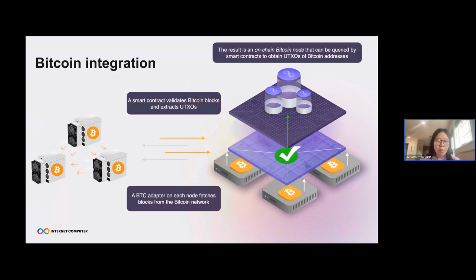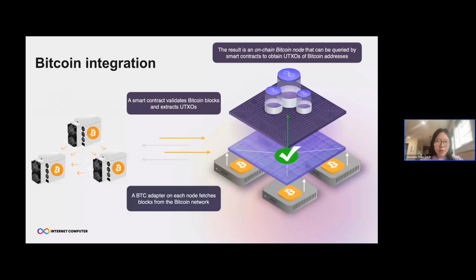So let's talk a little bit more about how this Bitcoin integration actually works. Morris talked about different subnets and how they work. On ICP, there is something called a Bitcoin subnet or a Bitcoin shard, and if you want to interact with Bitcoin, think of it as the blockchain within the blockchain that you'll need to query.